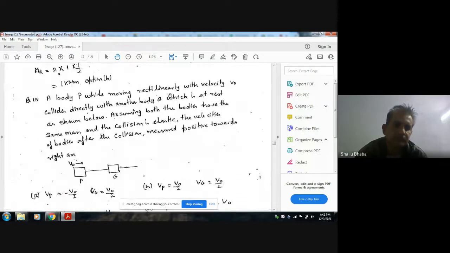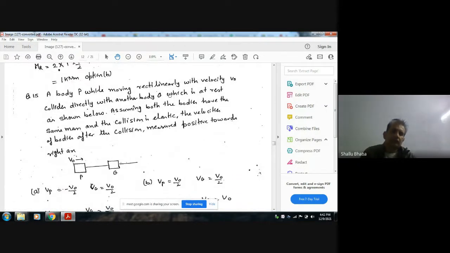Next, a body P while moving rectilinearly with velocity V naught collides directly with another body Q, which is at rest as shown below.